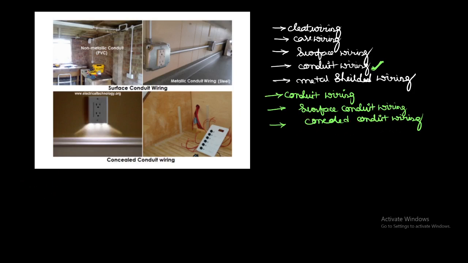From the names you can understand the meaning of surface conduit wiring and concealed conduit wiring. Considering the factors we have seen that affect the wiring system, in conduit wiring there are two methods.